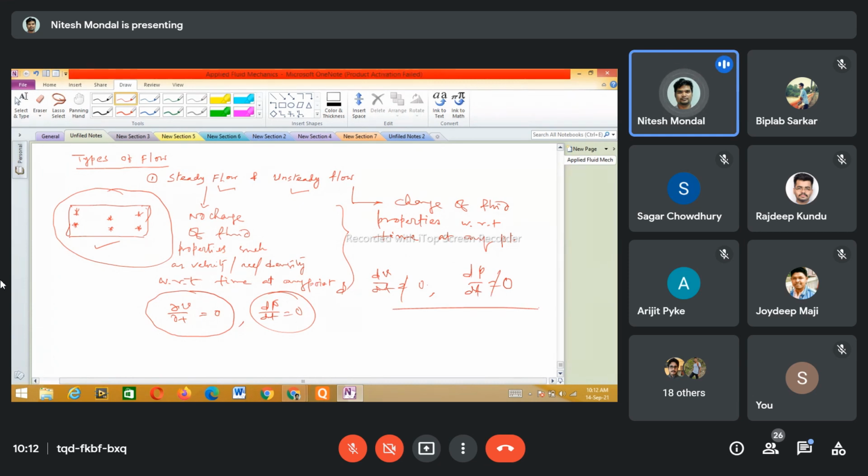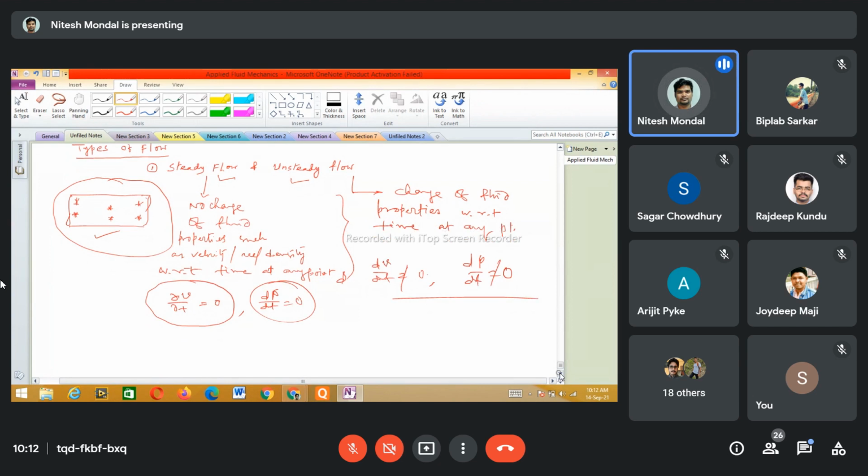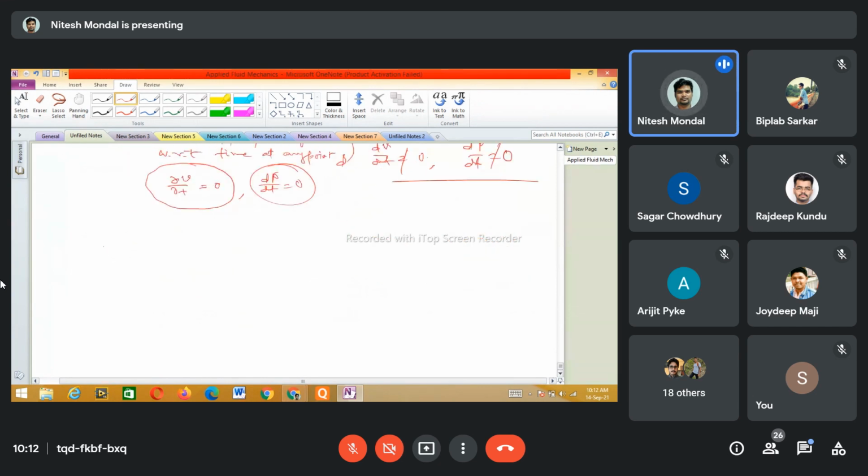Now the second classification is uniform flow and non-uniform flow. In case of uniform and non-uniform, what will happen?